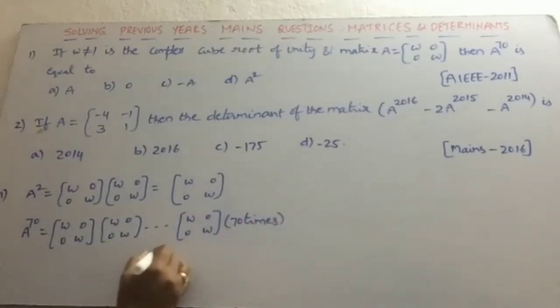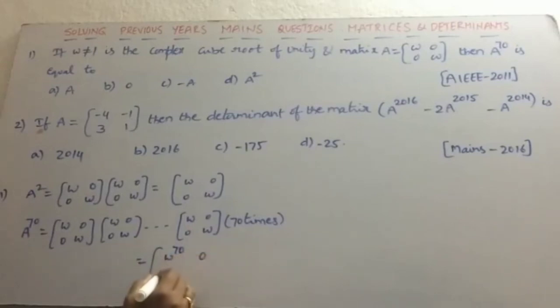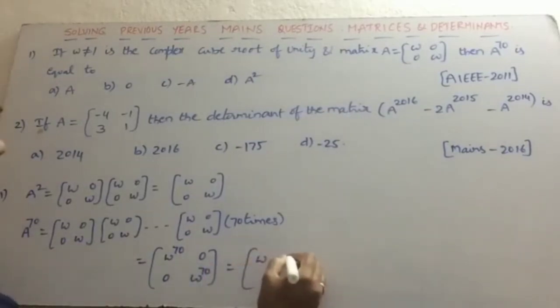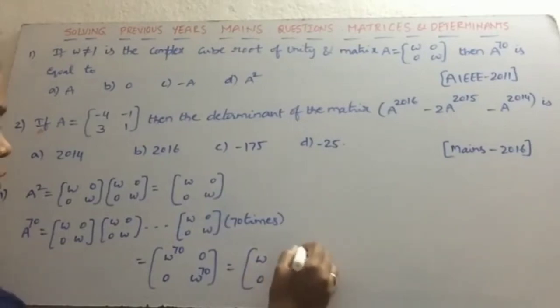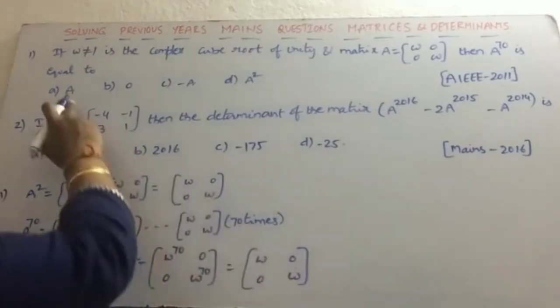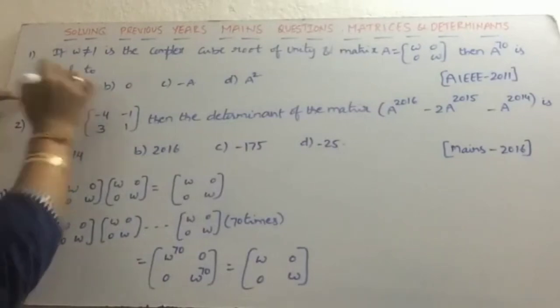Then we will get omega power 70 0 0 omega power 70. That means omega 0 0 omega, which is equal to A. So the answer is A.